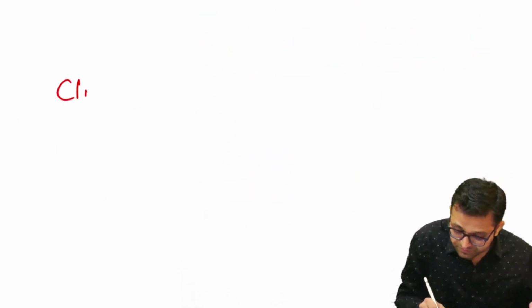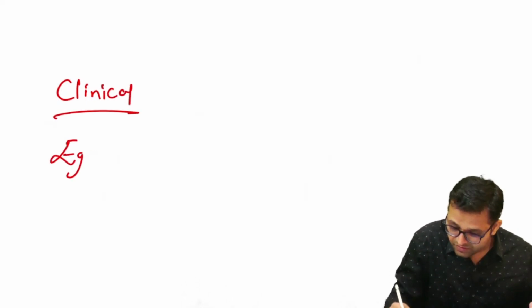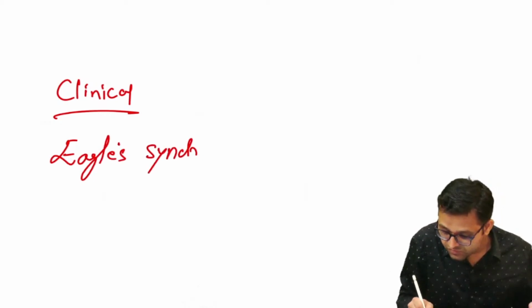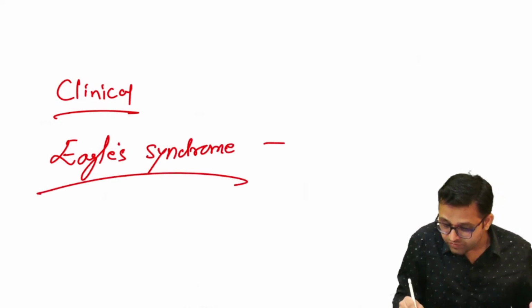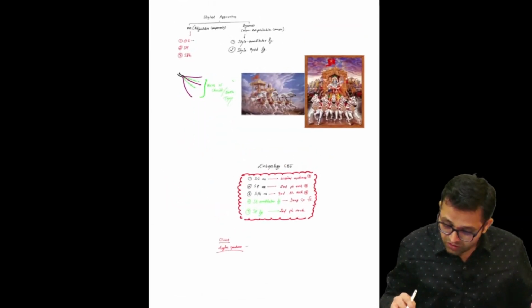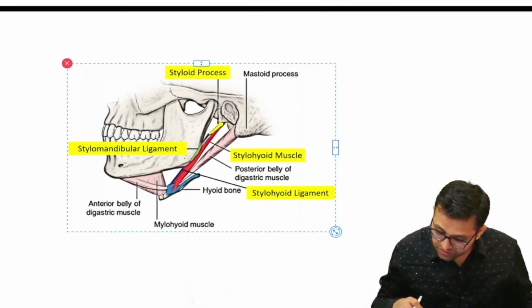Yes, sir. We are going to talk about the clinical condition, that is Eagle's syndrome. Yes, as we had used the image already, again I am adding different images for all of you. Yes, sir.